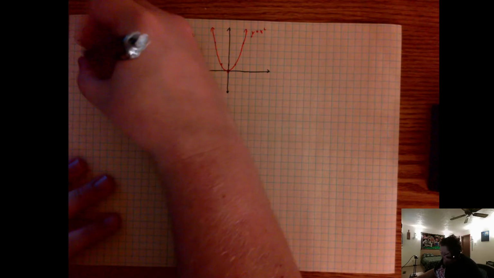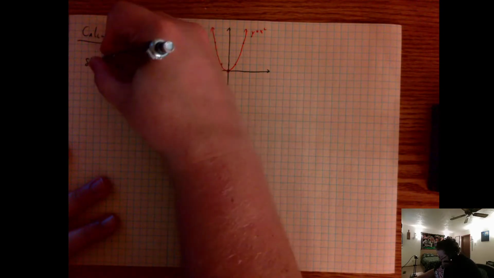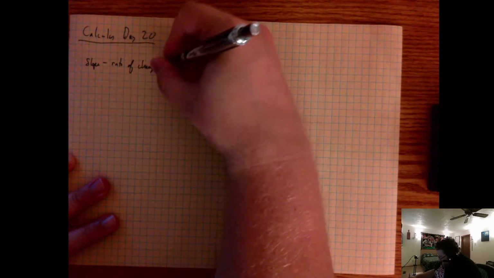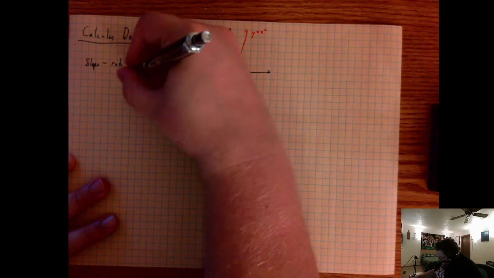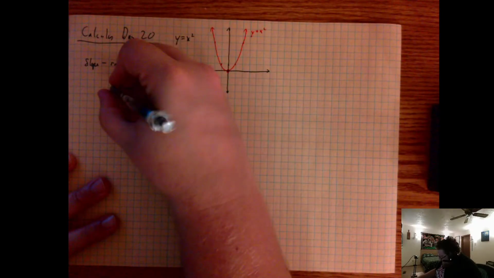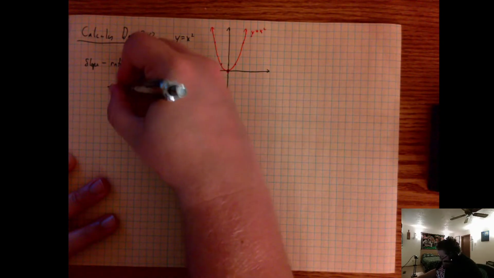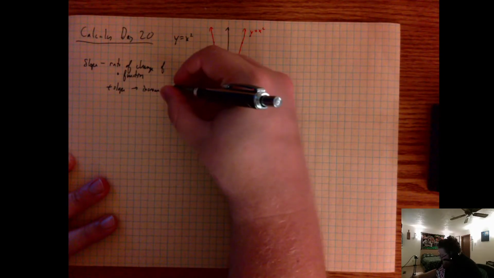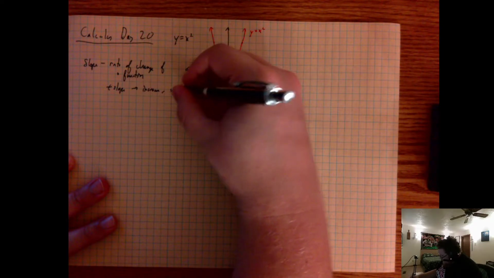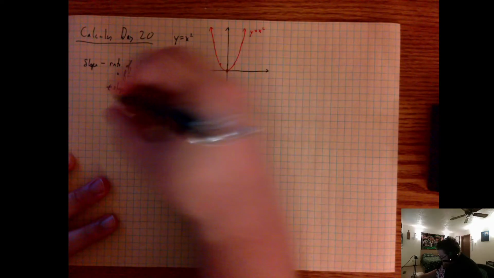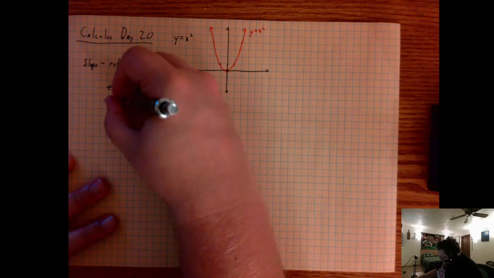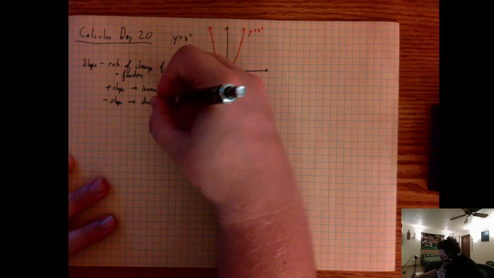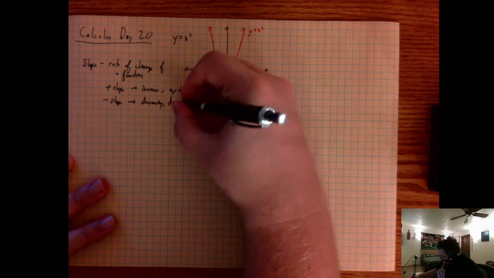Let's remind ourselves, slope is defined as the rate of change of a function. We define positive slope, meaning that we are increasing over time, going up and to the right. We define negative slope as meaning we are decreasing, or, in general, down and to the right.